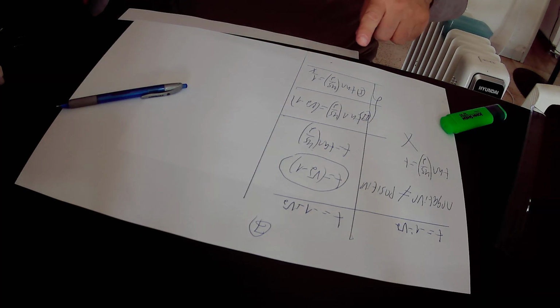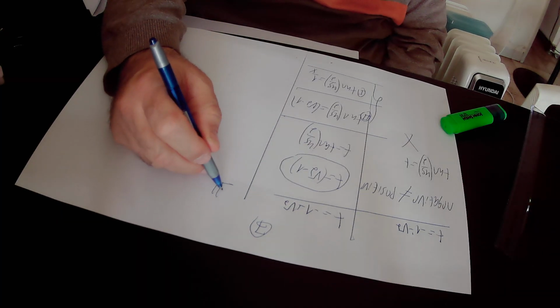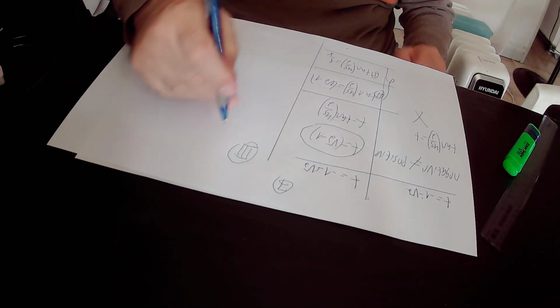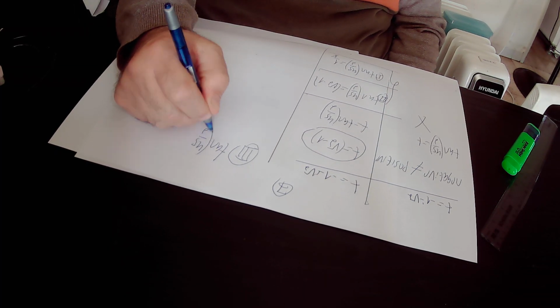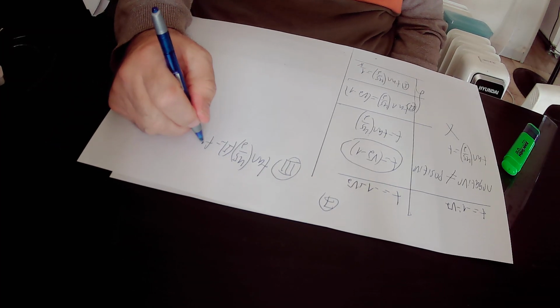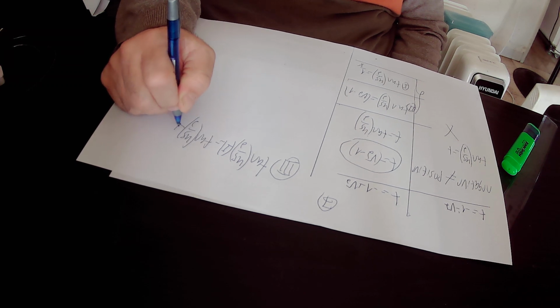So we actually have two different equations for tangent 45 over 2 degrees. Therefore, we'll create equation number 3. According to equation number 3, tangent 45 over 2 degrees according to equation number 1 must be equal to tangent 45 over 2 degrees according to equation number 2.